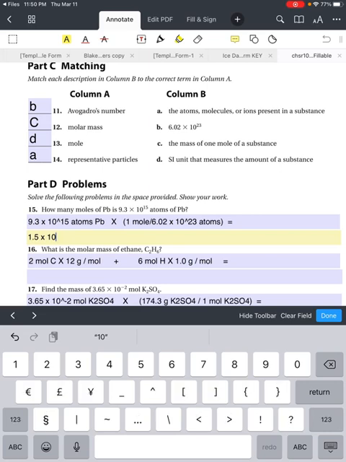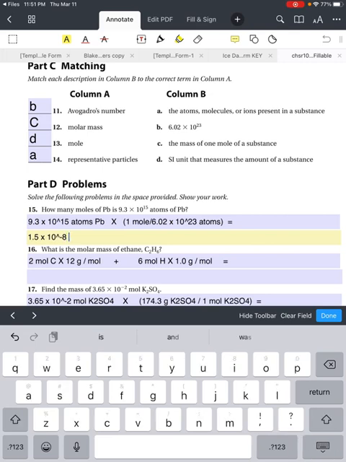You'll also see that symbol on a TI-84, depending on how you express your scientific notation. This would be times 10 to the minus 8th. And the units there would be moles of lead, mol of Pb. And that's your answer on the second row.